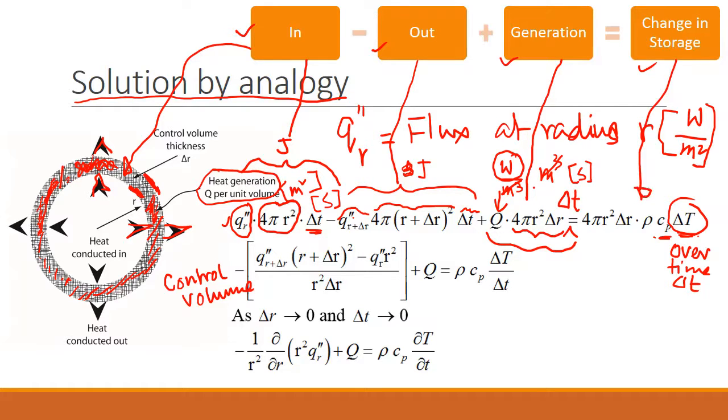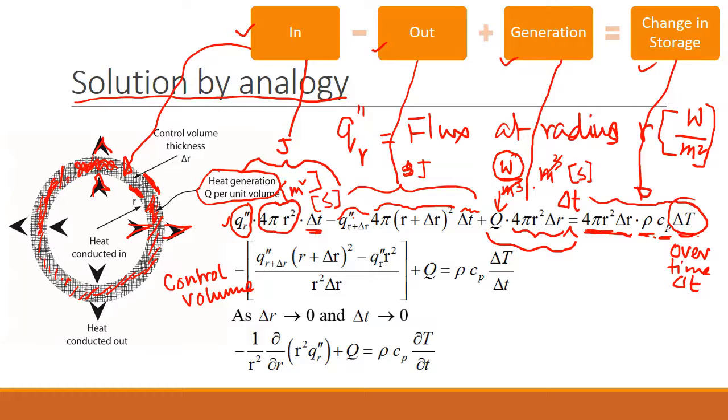Because it's a thin shell, the volume is 4 pi r squared times delta r. Volume times density is mass, and mass times specific heat times delta T is the change in storage. This is exactly what we did in the radial cylindrical and Cartesian coordinate systems.